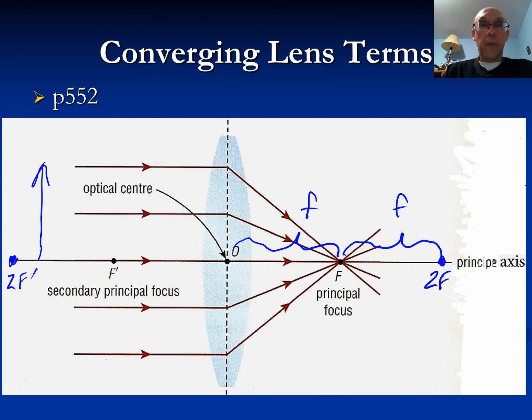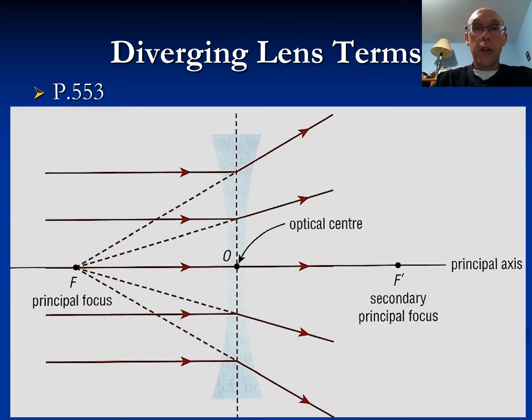Last slide. This time we have a diverging lens, and again the object is placed on the left. Rays travel, strike the lens.